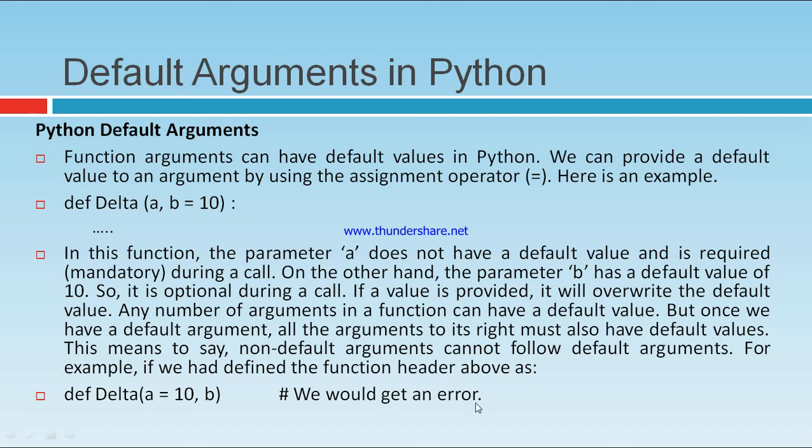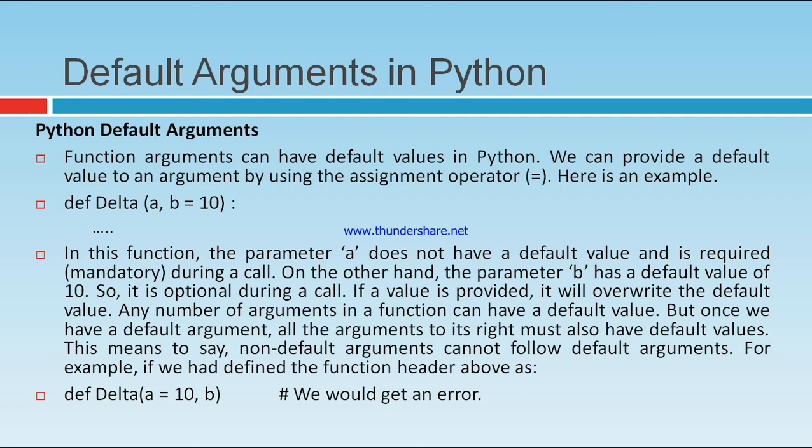In this function, the parameter a does not have a default value and is mandatory during a call. We have to supply a value of variable a if we want to call the delta function, right? On the other hand, the parameter b has a default value of 10, so it is optional during a call. If a value is provided, it will overwrite the default value.